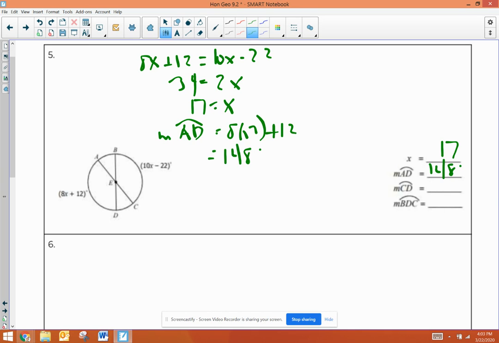Now I want the measure of arc CD. So I just found AD. Now I need CD. And since AC is a diameter, that's 180 degrees. So just do 180 minus 148 and get 32.